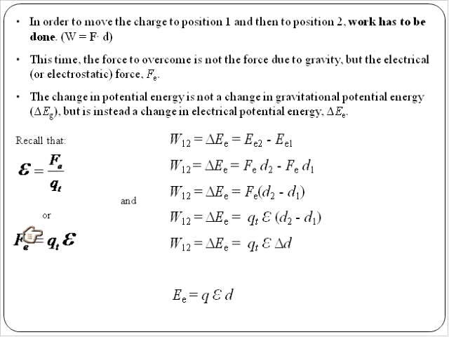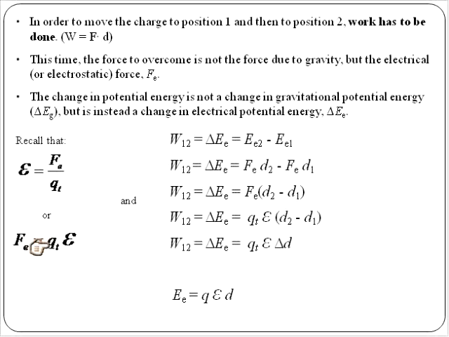So what I can say then is force times distance would be work. Work equals the change in energy, so it's force times distance, or in other words, force times distance 1 minus distance 2. But force, remember, is Q times E, because a lot of times when we're dealing with electric fields, the electric field strength is more useful to us than the actual force.